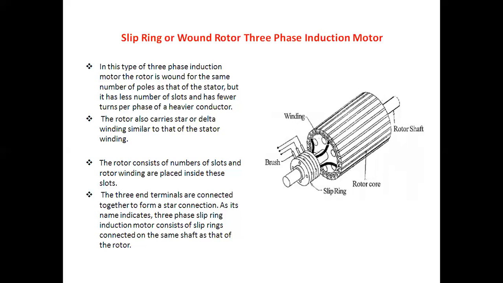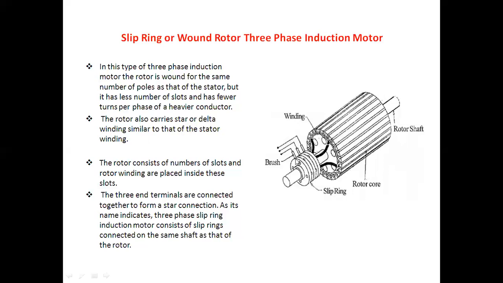The rotor consists of a number of slots, and rotor windings are placed inside these slots. The three end terminals are connected together to form a star connection. As its name indicates, the three-phase slip ring induction motor consists of slip rings connected on the same shaft as that of the rotor.